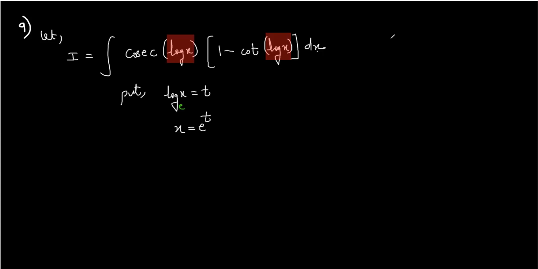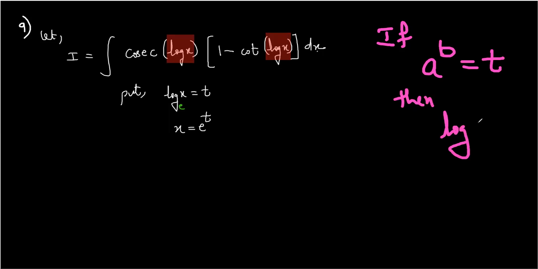See, if a raised to b equals t, then log of t to the base a is b. Okay, so it is true both the ways. If this, then this, and if this, then this.